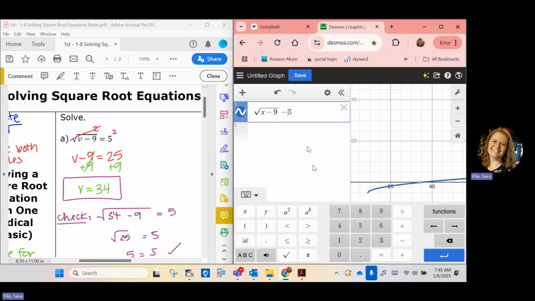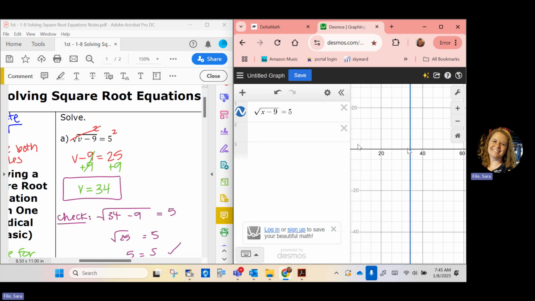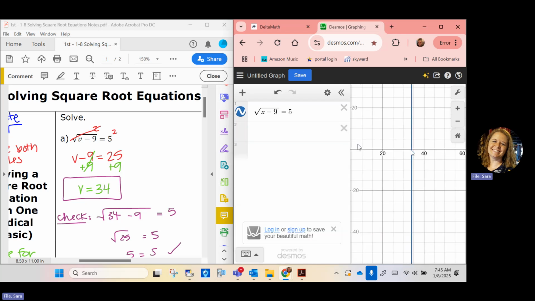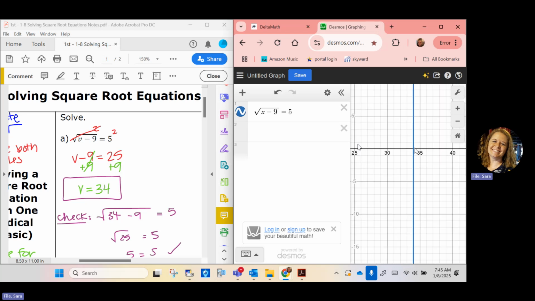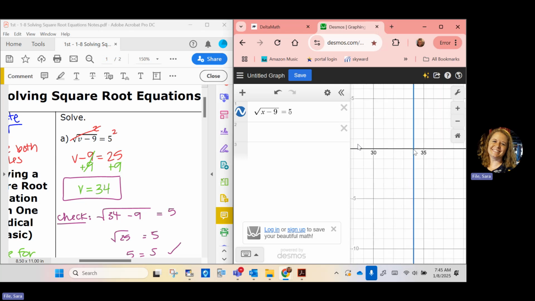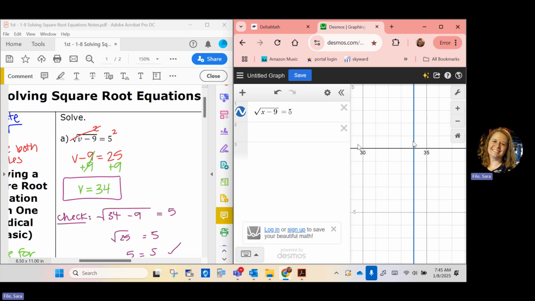Now, let me show you when that was equals 5. It does not show me an accurate graph of the square root function, but what it does show me is a line going through the solution. So I can't click on it and see what it is, but I can zoom in and see what number is that line going through. 34, right?